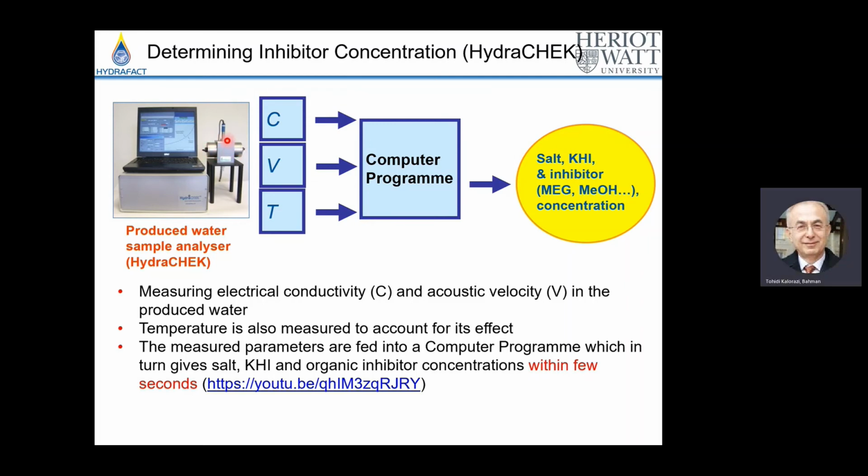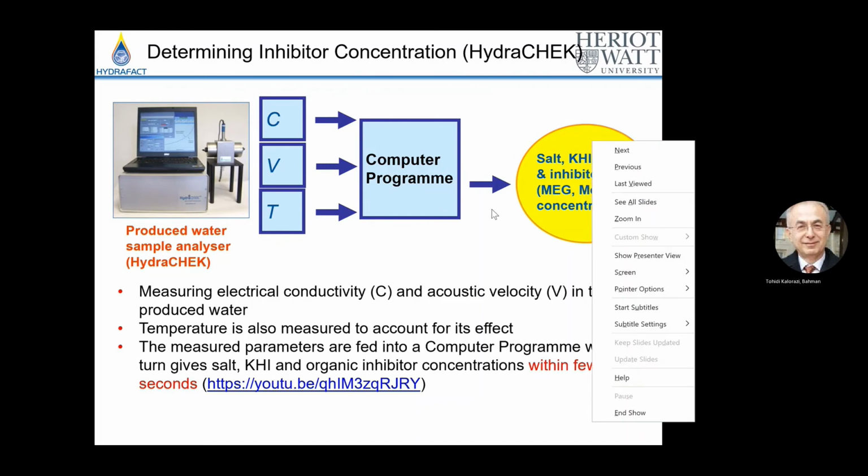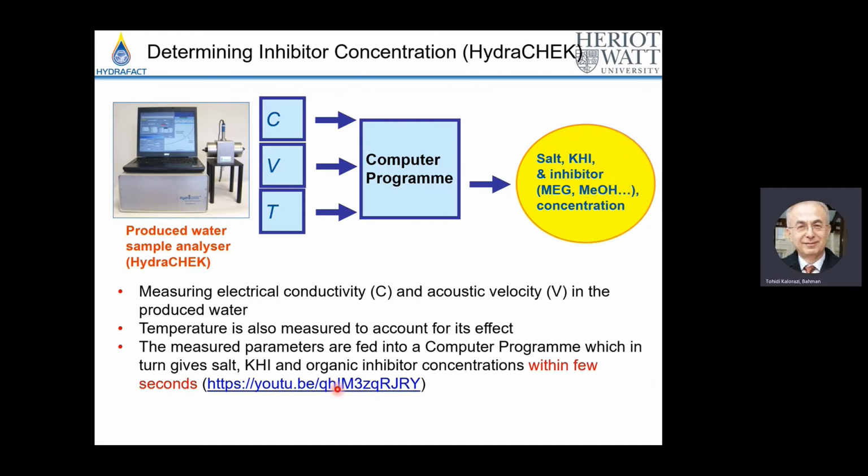And we take a 100 cc sample here. And within 5 seconds, the system will give you the amount of salt, KHI, inhibitor, methanol, whatever. So if you want to see how it is done, you can look at this video.